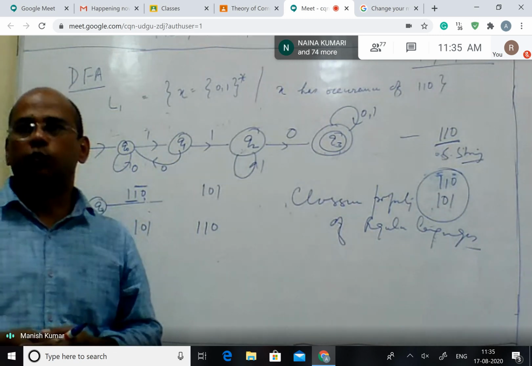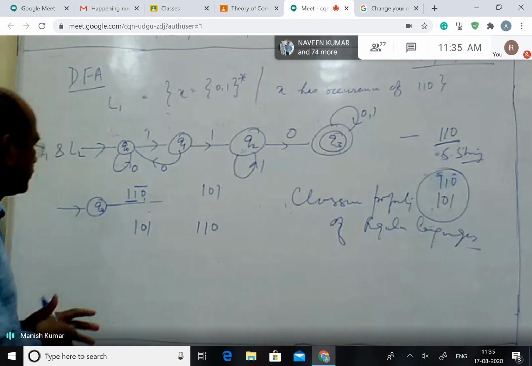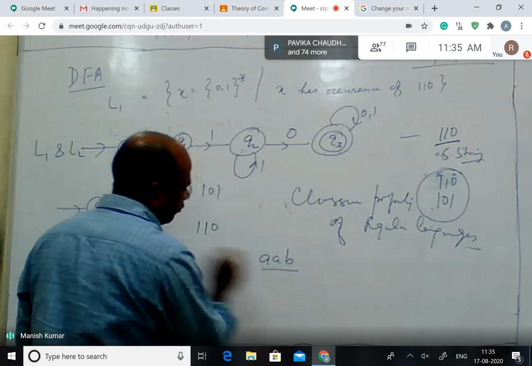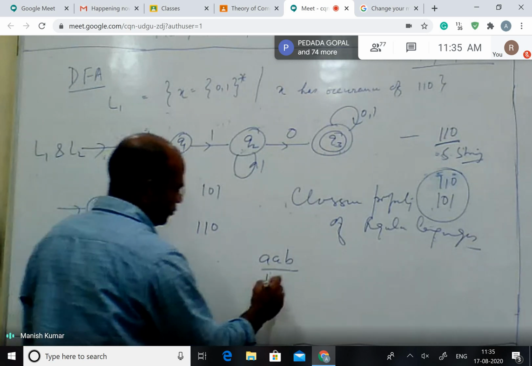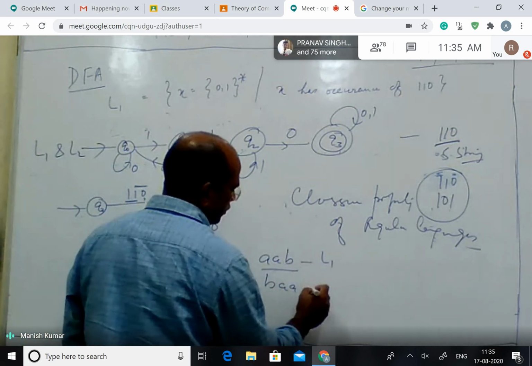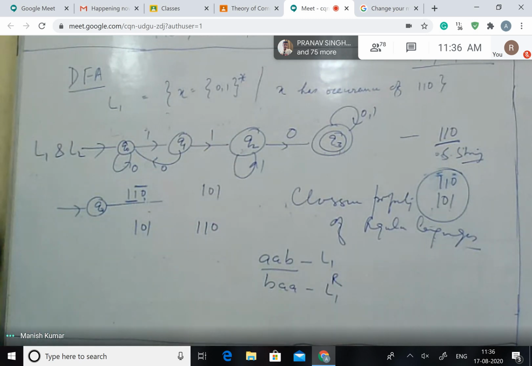You can also go for homomorphism and reversal of languages. When I say reversal, that means if your language has this string, then reversal gives the string backwards. That is the reverse of the language.